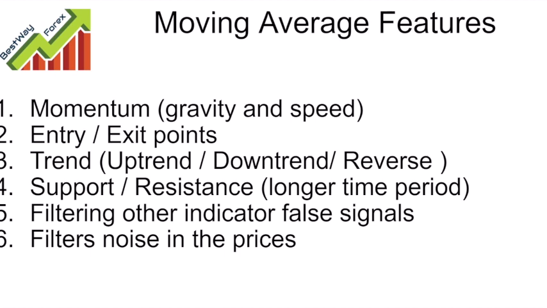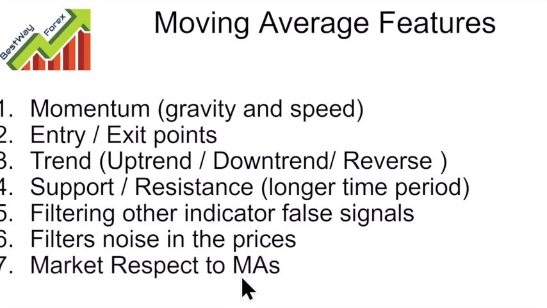So the moving average helps us filter all this noise, which makes the price very smooth and gives very good information that helps us make good decisions in our trading.